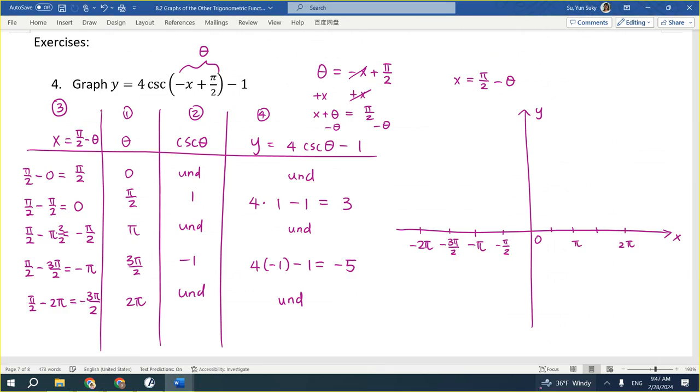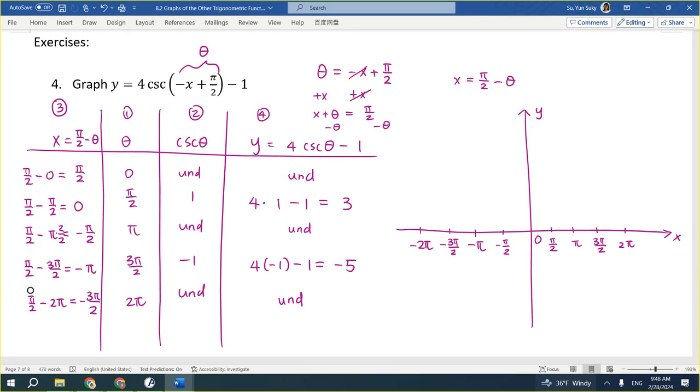And this is pi. This is pi over 2. The 3 pi over 2. So are you okay with the x values? The longest is 2 pi, and then the middle one is pi, and the middle point between pi and 0 is pi over 2. Everybody okay with the x values?